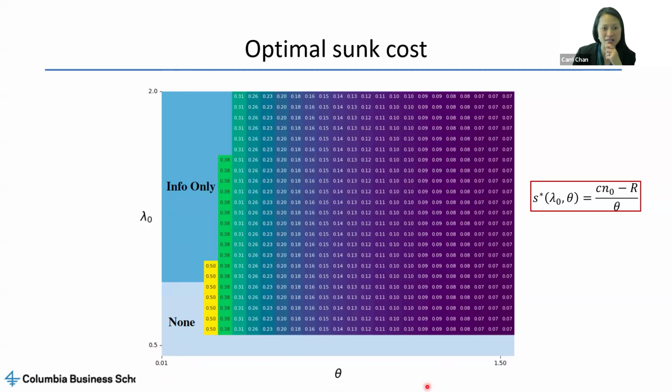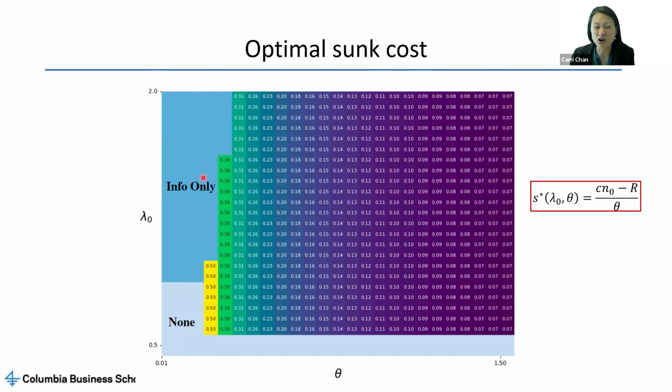On the x-axis is our behavioral parameter theta, which captures how much sunk cost aversion there is. So consistent with our theoretical results, if the arrival rate is sufficiently small, no sunk cost, no waiting time information. If the arrival rate is large, you only provide waiting time information.